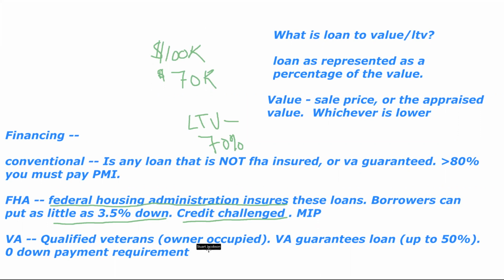Also, there is no mortgage insurance. Why is there no mortgage insurance? Well, the VA is guaranteeing the loan to the lender up to 50% in certain circumstances. And the lender's like, yeah, we really don't care if you bring any money down. The VA is guaranteeing this for you, so knock yourselves out. So you have to be owner occupied. It's zero down payment requirement, and that's the story there.